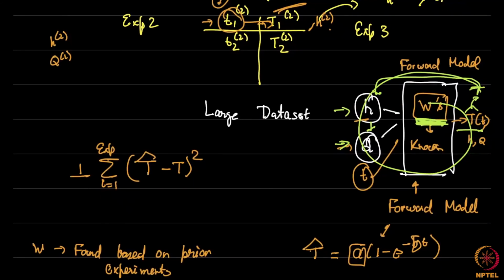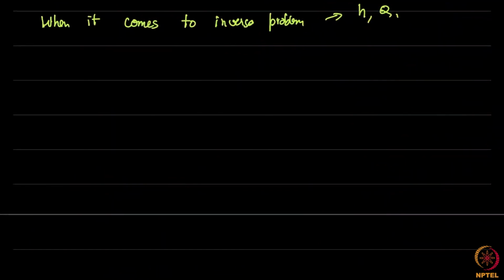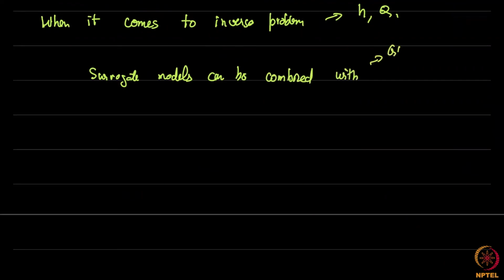just like the conventional Gauss-Newton algorithm technique. Now, finally, I want to point out that surrogate models can be combined with all the models we found earlier. They can be combined with Gauss-Newton.